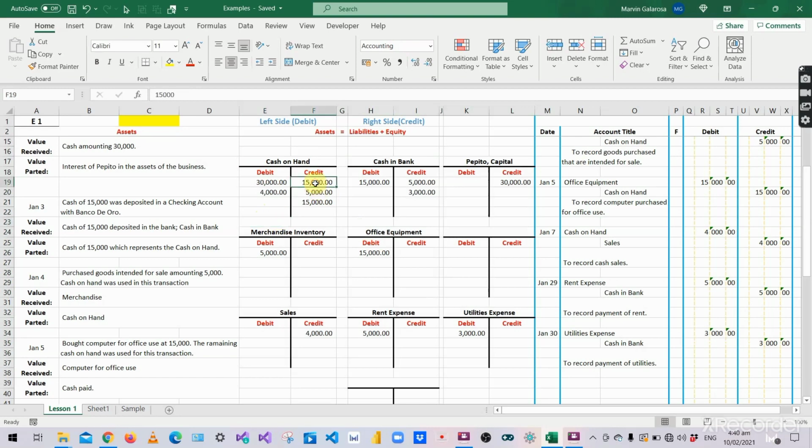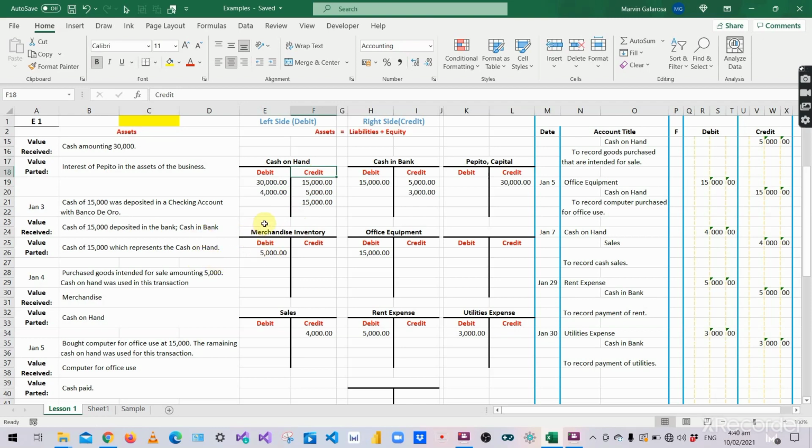Pero yung credit side niya, yung bawas, pag tinotal mo siya, yan ay amounting to 35,000. So, pag kinuha mo yung balance niya, 34,000 minus 35,000, negative na siya. Negative 1,000 pesos. Which is wrong. Imposible na magkaroon ka ng negative cash on hand.